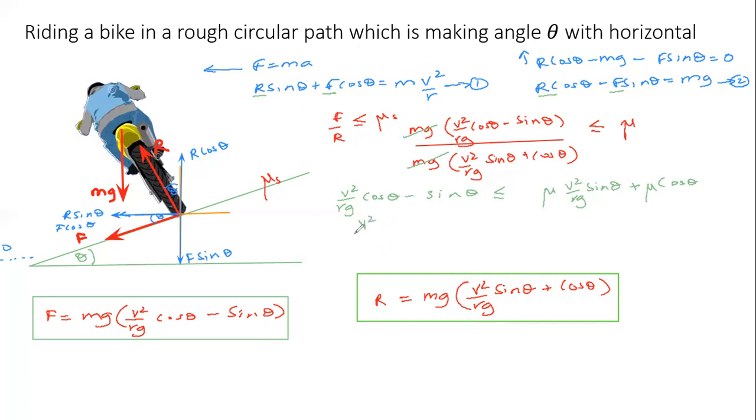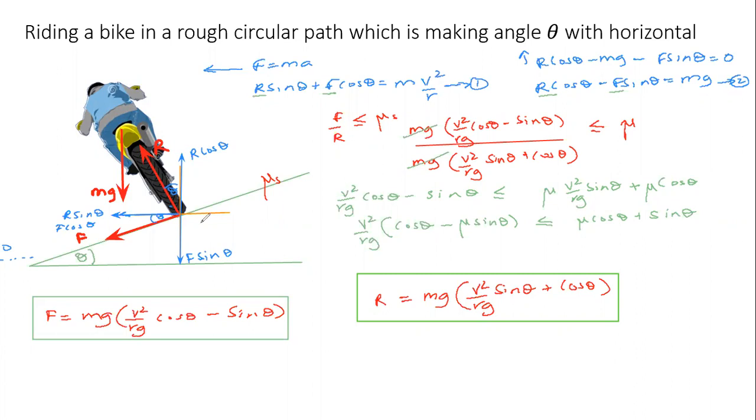Here this side cos theta. Now I brought this one also in this direction, therefore this becomes minus, so remaining is minus mu sin theta is less than or equal to mu cos theta plus, minus sin theta taken to this side, it becomes plus sin theta.